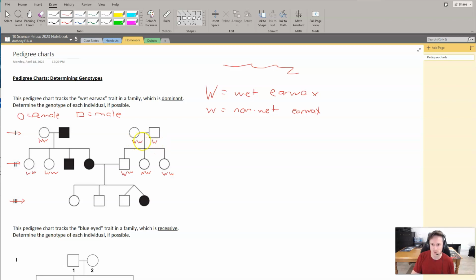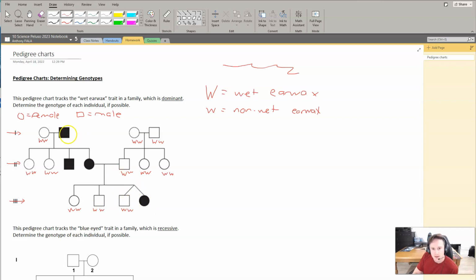So we know that all of these guys are little w, little w. Okay, and you can see it's a bit of a pain to write that in. You can just kind of write it once and copy paste it if you like, but I'm just happy to write it in for now.